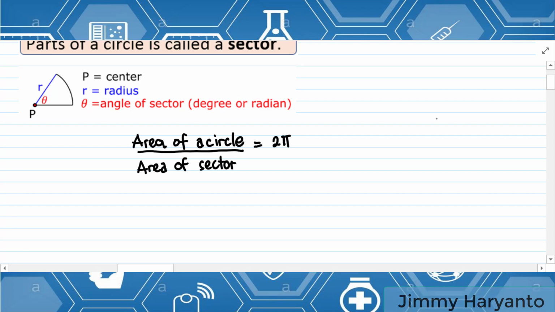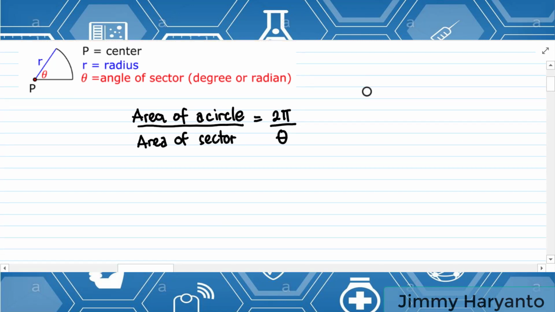For this chapter we will use radians instead of degrees. So we can write 2 pi, and the angle of the sector will be theta. And then we can change the area of the circle into its formula, pi r squared, over the area of the sector.